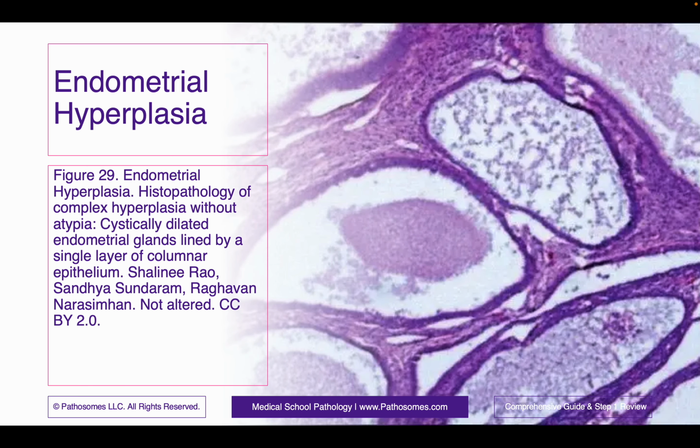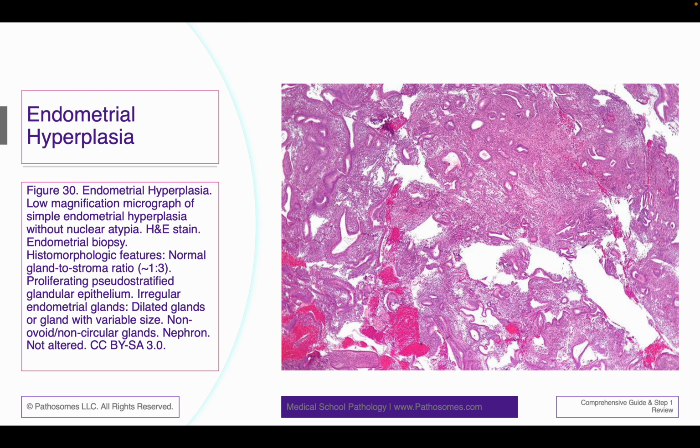And here we can see histopathology of complex hyperplasia without atypia. Note the cystically dilated endometrial glands that are lined by the single layer of columnar epithelium. And here we have a micrograph of simple endometrial hyperplasia without nuclear atypia.